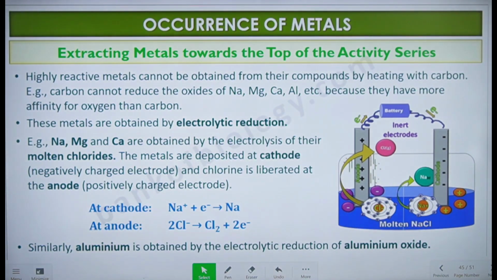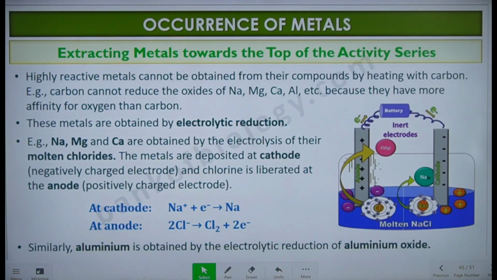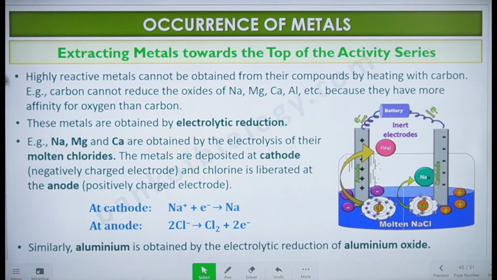Extracting metals towards the top of the activity series. Highly reactive metals cannot be obtained from their compounds by heating with carbon. Carbon cannot reduce the oxides of sodium, magnesium, calcium, aluminum, etc., because they have more affinity for oxygen than carbon.